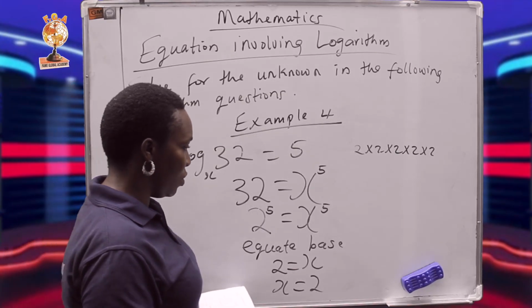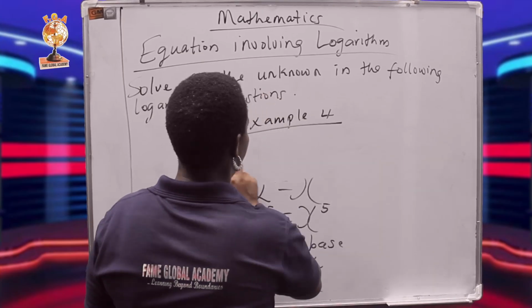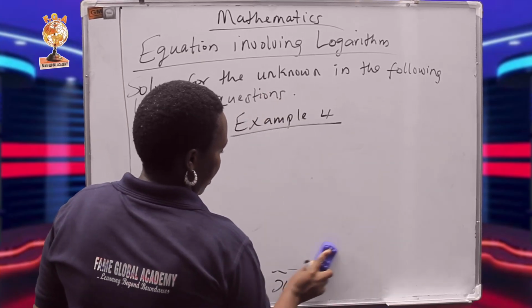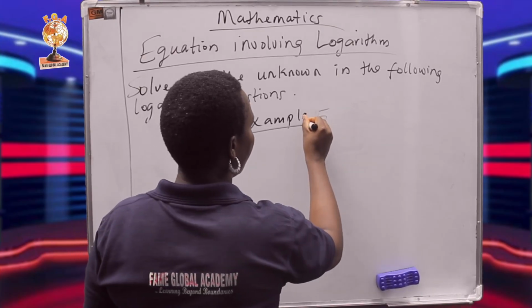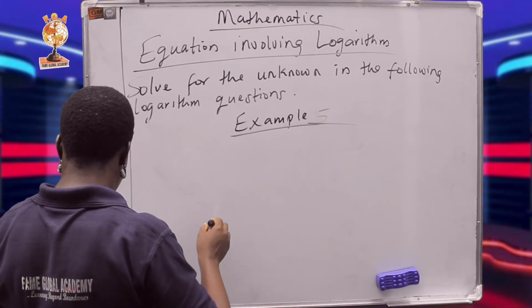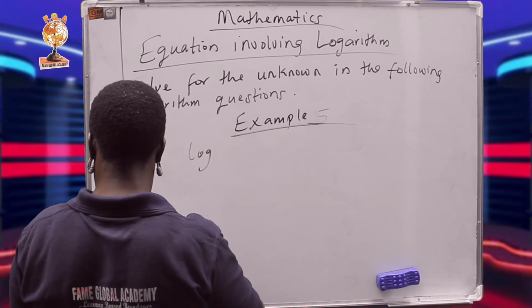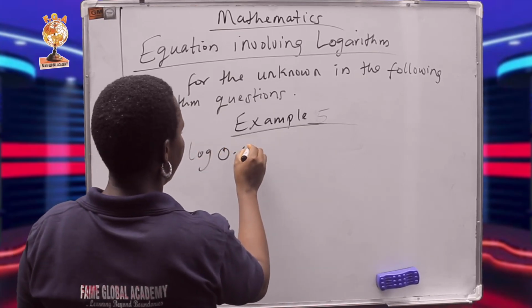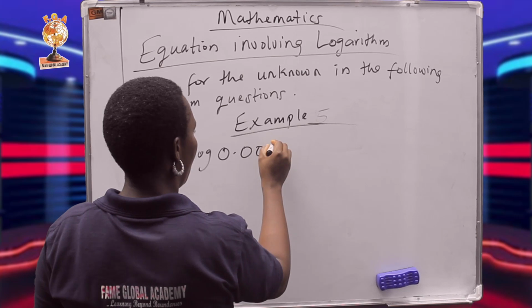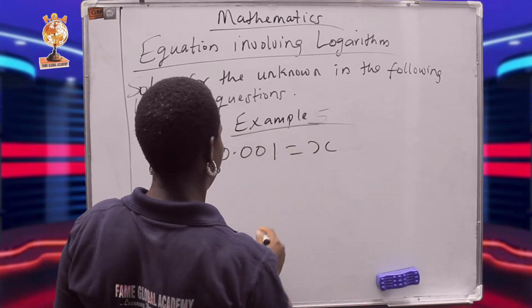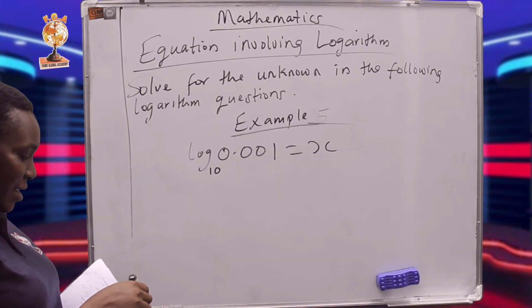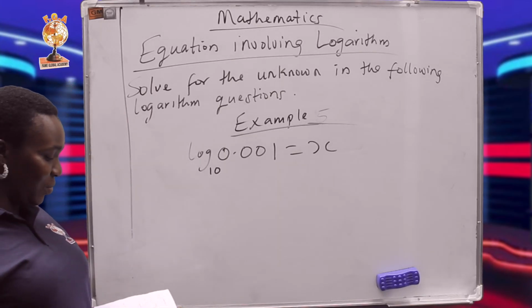Okay, let's take one more example. Example 5. Example 5 says log 0.001 base 10 is equal to what? x. Okay, so this one is a different one now.